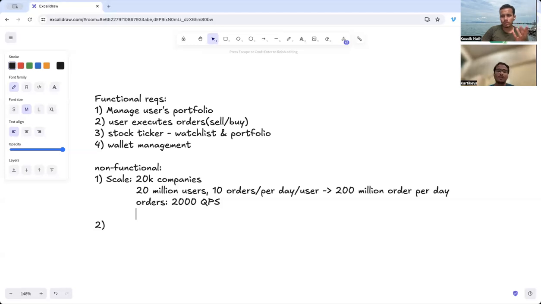If you log in 10 times a day as a general user, maybe some trader might be logging in 20 times a day, or is logged in the whole day. So that will also be part of the read. Forget about streaming the data. I'm just saying, even just seeing the portfolio or the watch list, that's most likely an API call, isn't it?